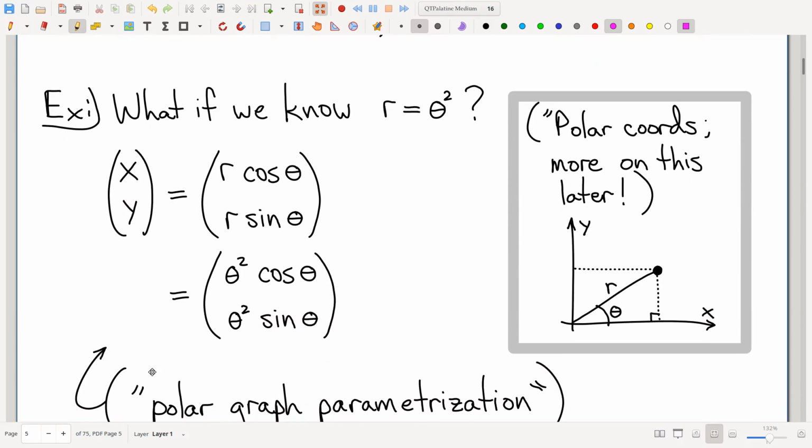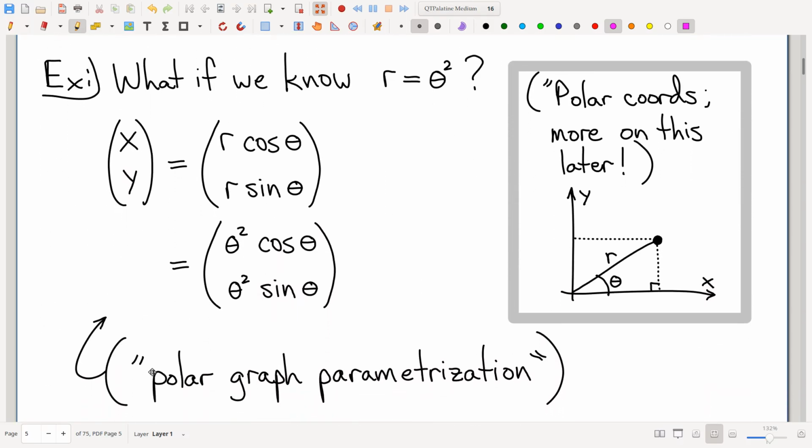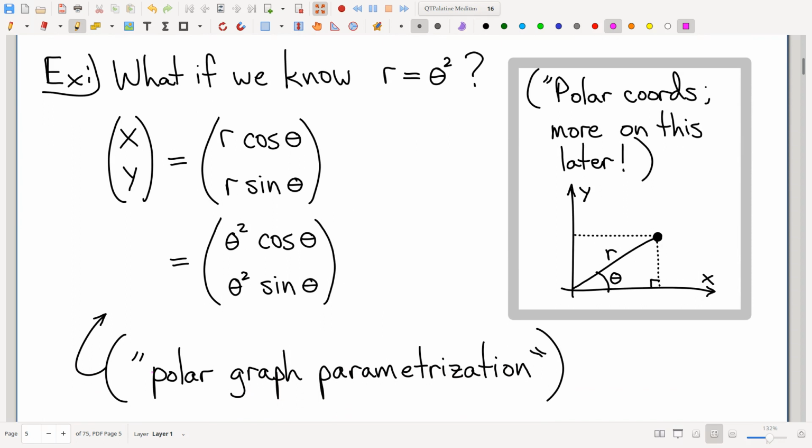This uses polar coordinates. Now, I'm aware that not all of you have seen polar coordinates. If you have, cool. If you haven't, we will talk more about polar coordinates later. For the moment, let me just establish a very quick little picture. The idea of polar coordinates is that rectangular coordinates are sort of like this, where there's your x and there's your y. You kind of base it on that rectangle, and thus the term rectangular coordinates.